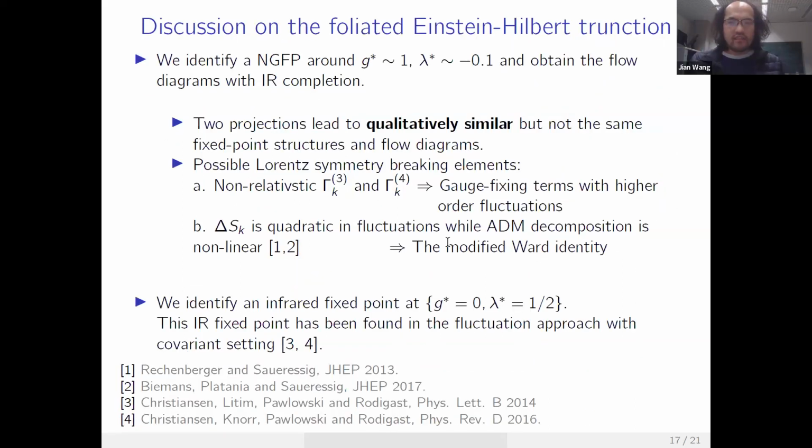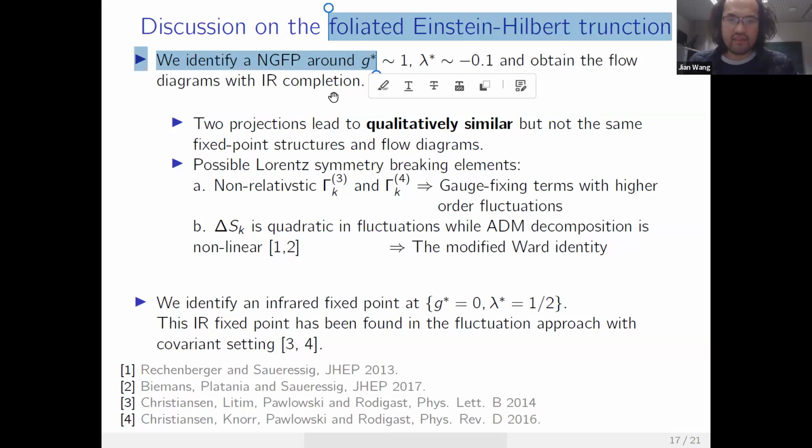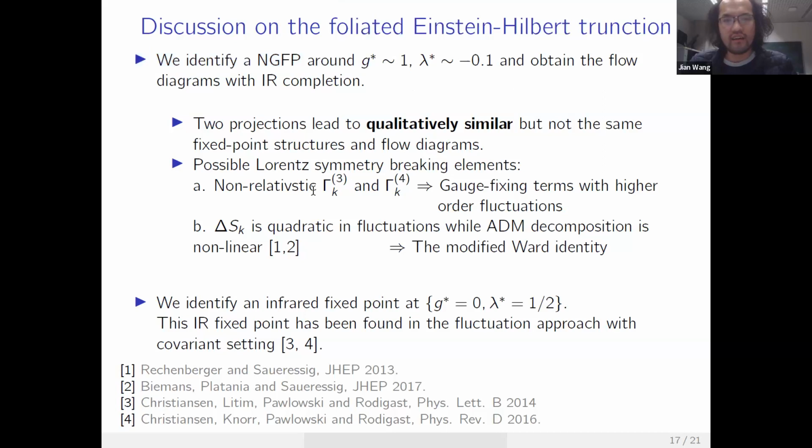Okay, so now maybe at this stage we should give a short discussion or summary on this subsystem. First, we identify a fixed point around G around 1 and lambda around minus 0.1 for both projections, and we also obtain the flow diagrams where the infrared is also complete.